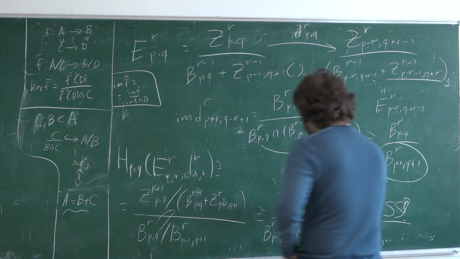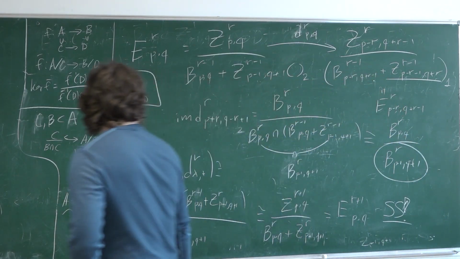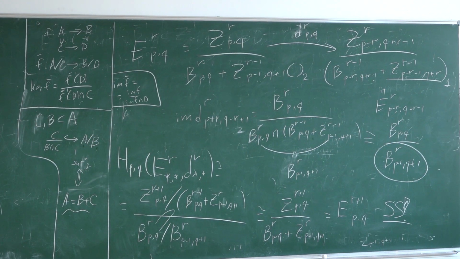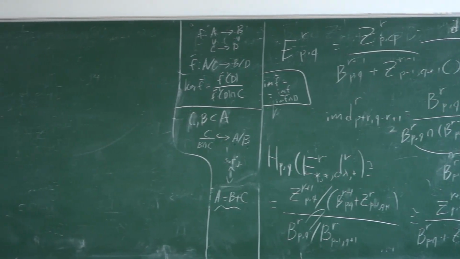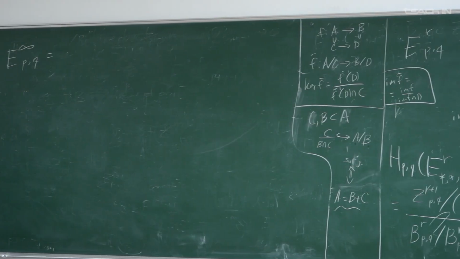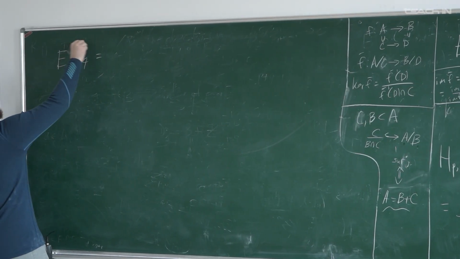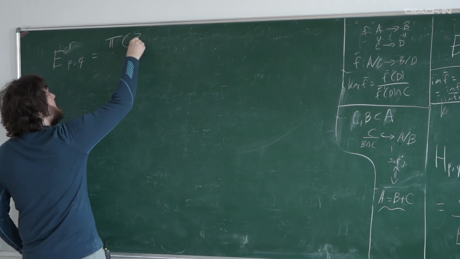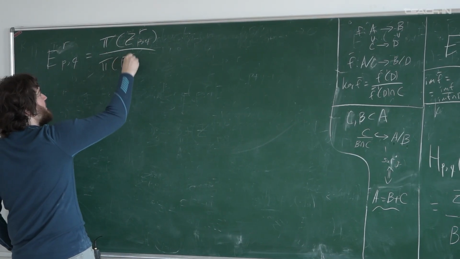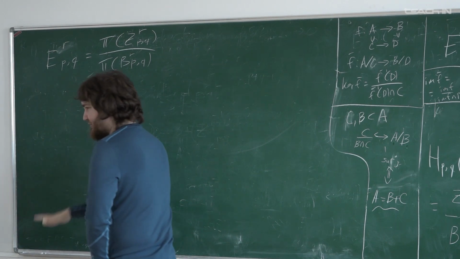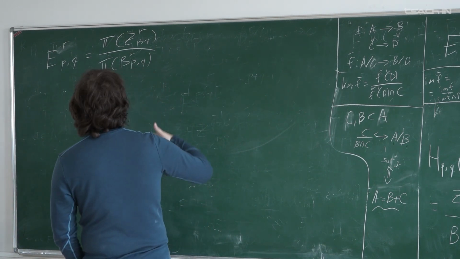Now we have Z infinity, B infinity. Maybe it's easy to say that, as I said before, in fact it's pi ZR PQ modulo pi BR PQ, where pi is the projection on the quotient in the filtration of the original complex.